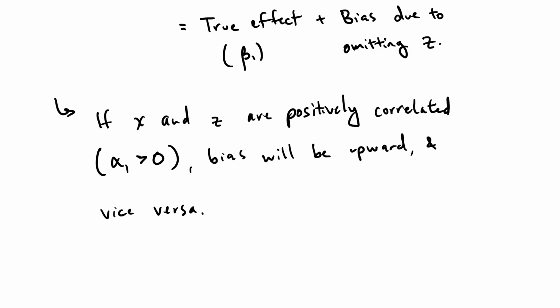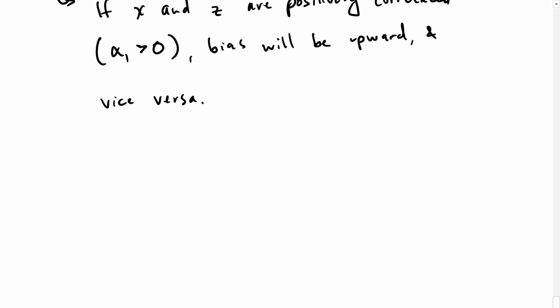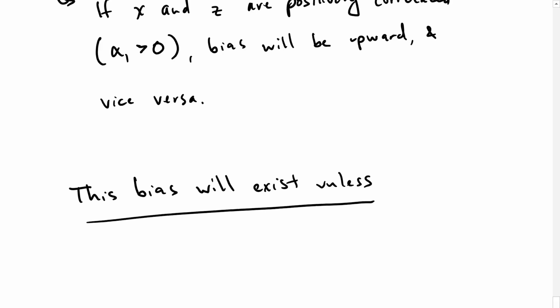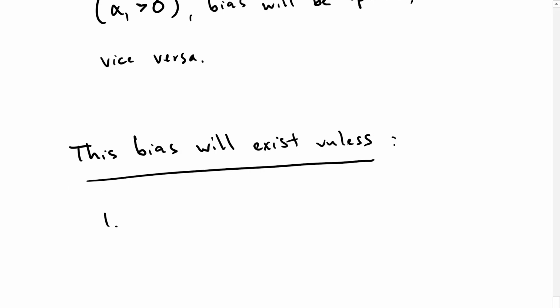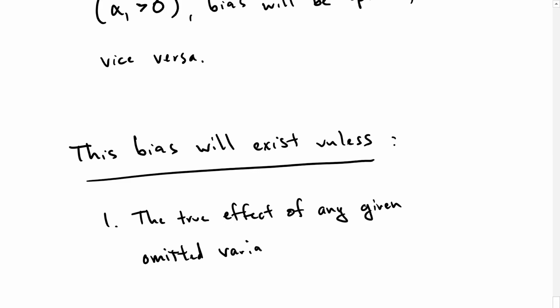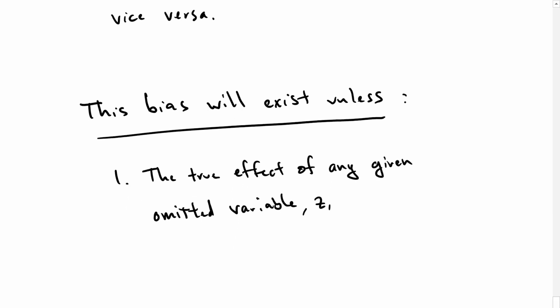Just about done. And okay, so this bias will exist unless, so 1, the true effect of any given omitted variable, z, for example, on y is 0.